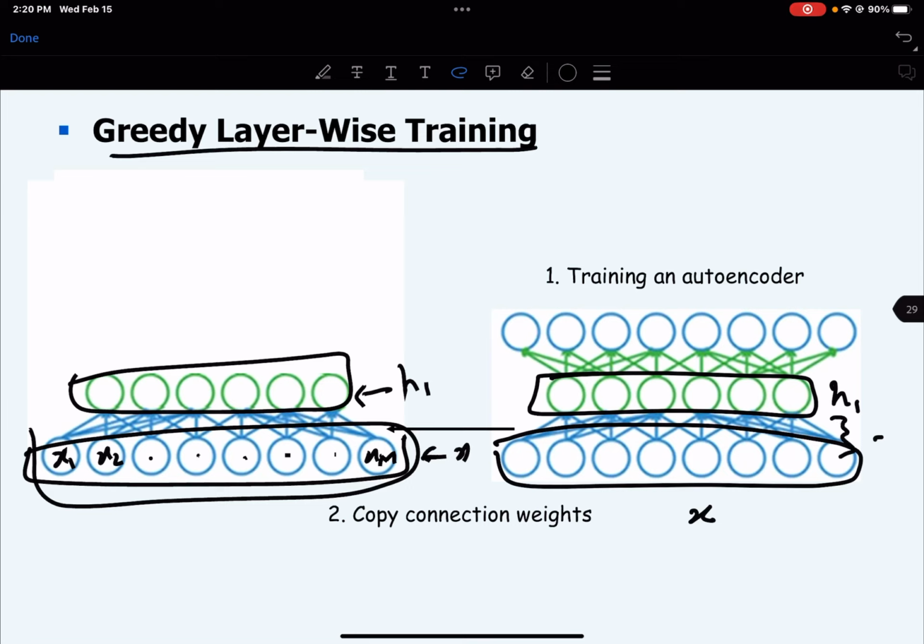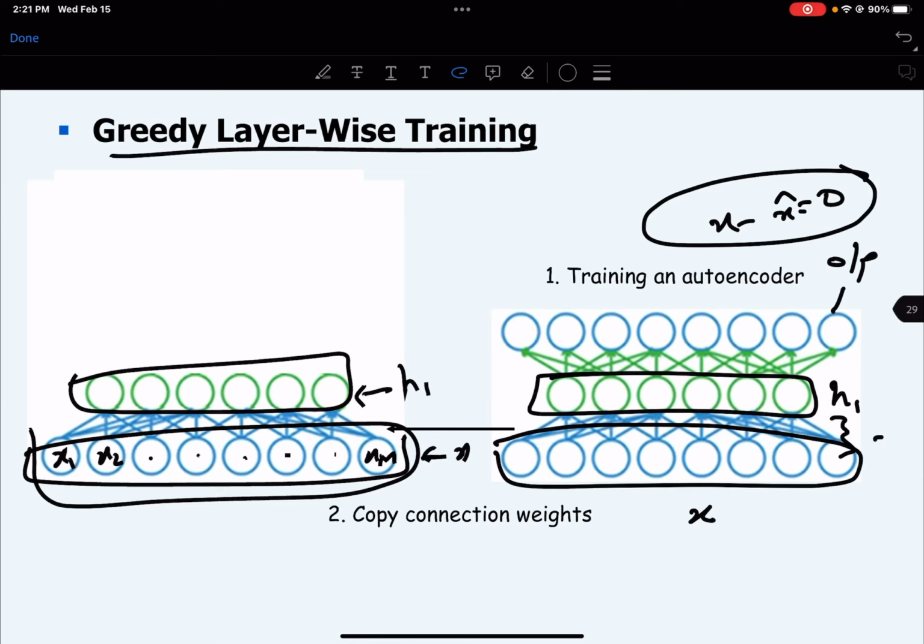And then when your network, this is your output, it should be nearly the same as X dash. This is the best result, that we minimize the error between these two. So once it is minimized, our network is trained, and we can copy the weights.